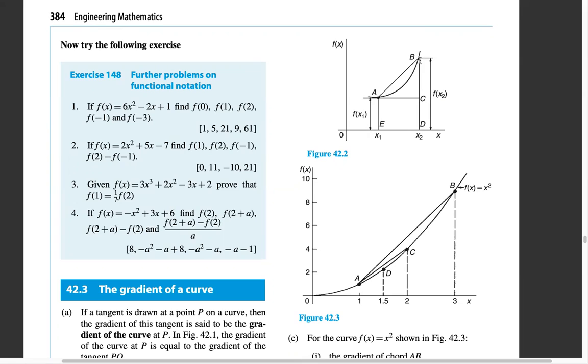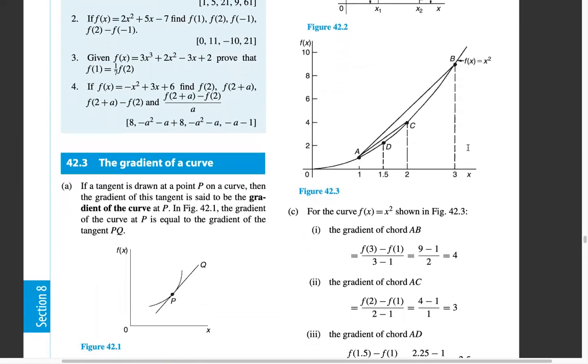The idea is the gradient of AB approaches the gradient of the tangent at A as the length of the line shrinks, as B gets closer and closer to A. And that's what this diagram is showing you. If B is quite up here, the chord AB has a gradient that we could find.